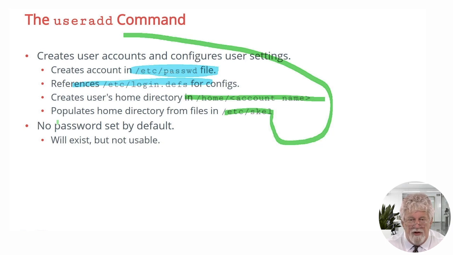So the template of a user account is really a combination of /etc/skel, which are individual files, as well as being constrained by login.defs. But if you fix those two config files first, then all of the accounts you stamp out will come from the same template. So the only thing about a user account that this doesn't handle for us is, of course, the login password. We'll have to set that separately.